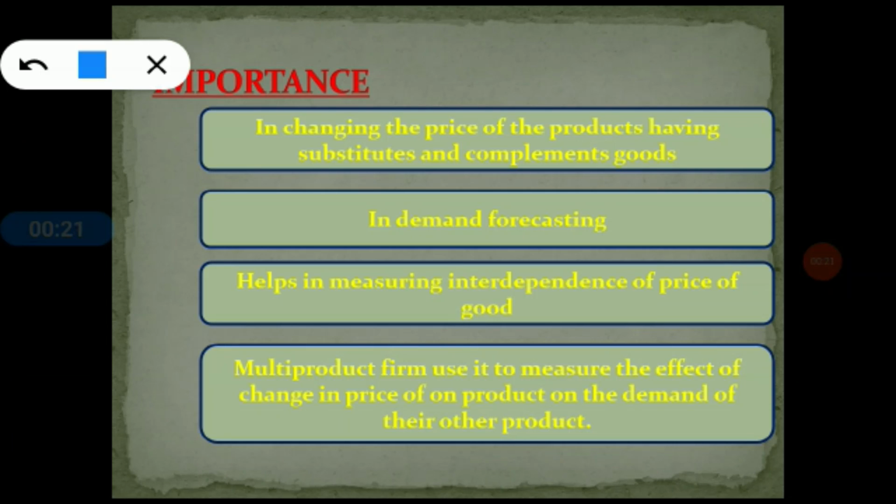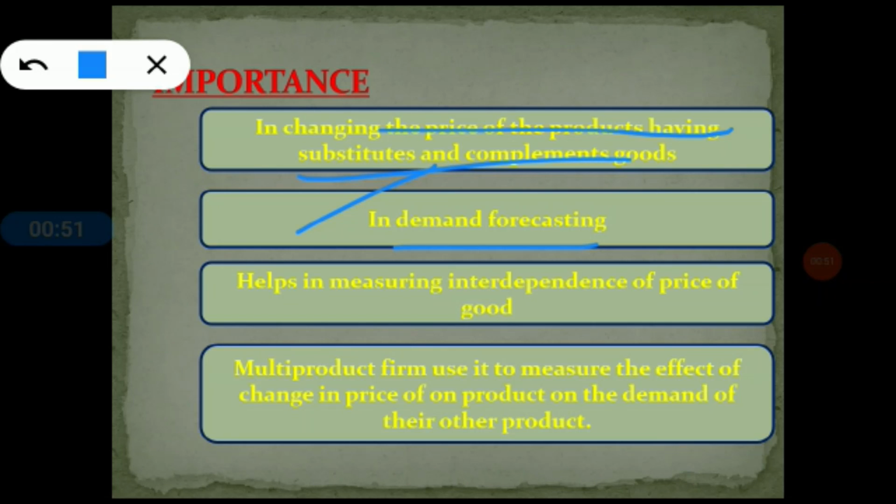So here we can see the cross price elasticity of demand helps in changing the price of products having substitute and complement goods, because cross price elasticity of demand is related to substitute and complement goods. Now we are going to the next thing. It also helps in demand forecasting when the price level changes from the previous situation.